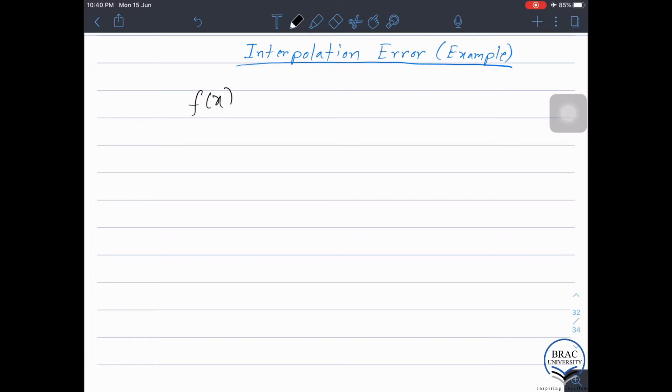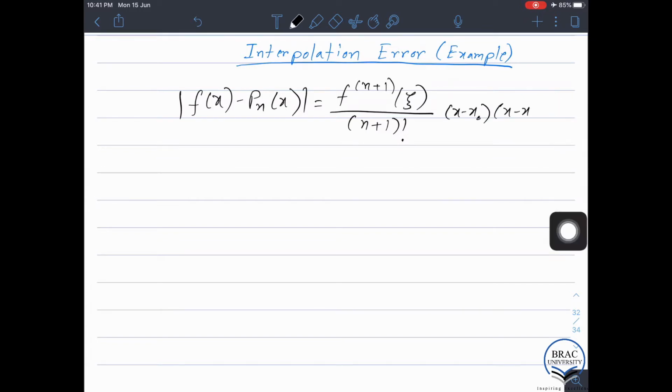We could write |f(x) - Pn(x)| = |f^(n+1)(ξ)| / (n+1)! times (x - x0)(x - x1) up to (x - xn), where ξ belonged to the same interval as x but was undetermined. These factors make sure that the error is 0 at the nodes.